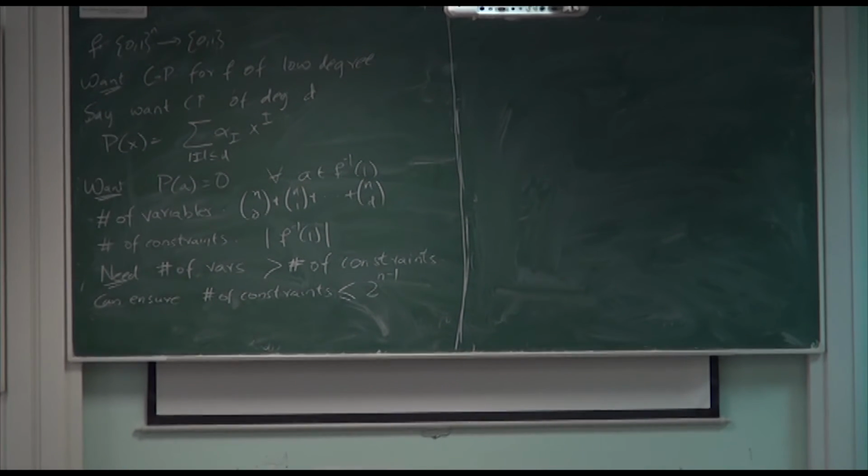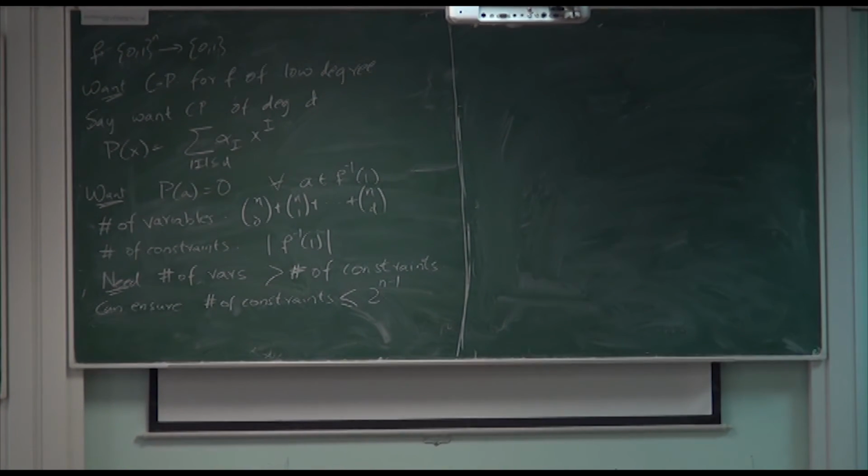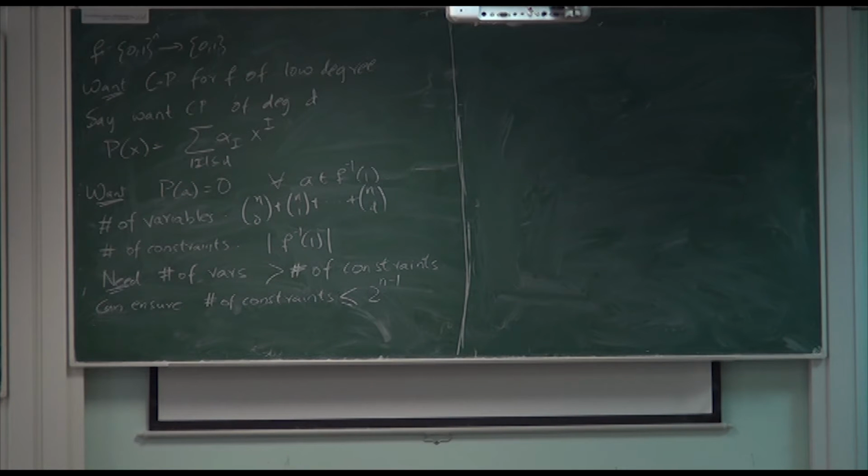So how would I do this? Well, I start with f inverse 1, but if there are more than 2 to the n minus 1 constraints, then I switch 1 to 0 and I work with f inverse 0 instead. So I can always ensure that the number of constraints is at most 2 to the n minus 1. So I need to choose my degree parameter d so that the number of variables is at least 2 to the n minus 1.